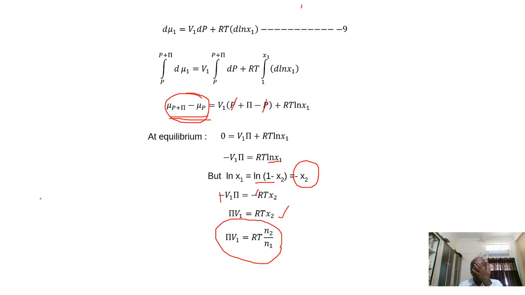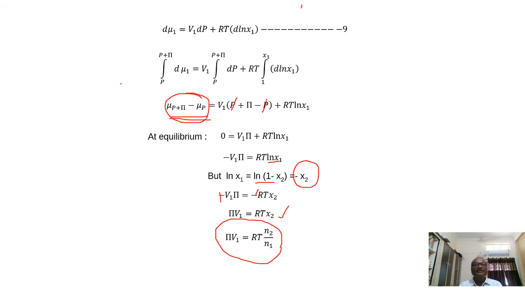Then we are integrating this equation within the limits. The chemical potential is varying within the limits p to p plus pi, and the pressure limits are also p to p plus pi. The mole fraction limits of the solvent will be from 1 to x1.